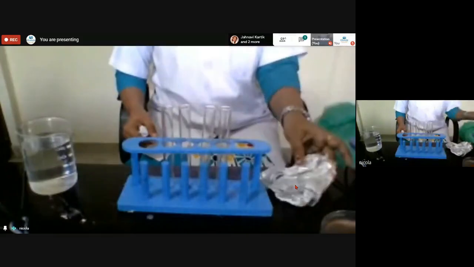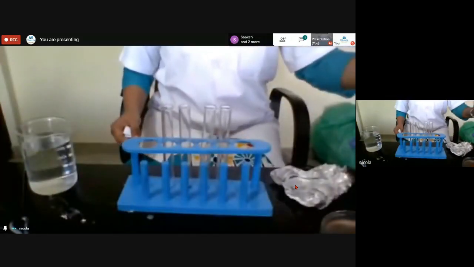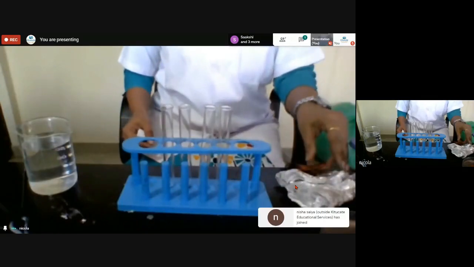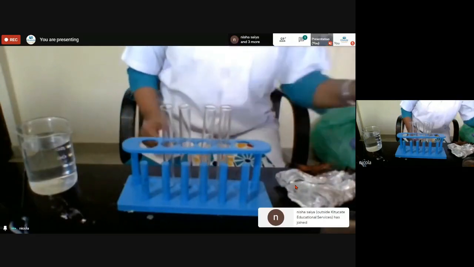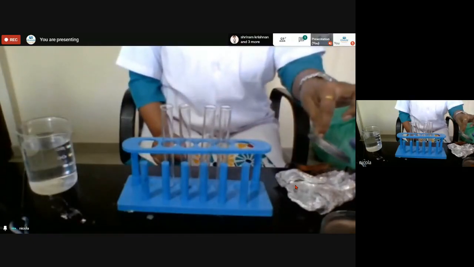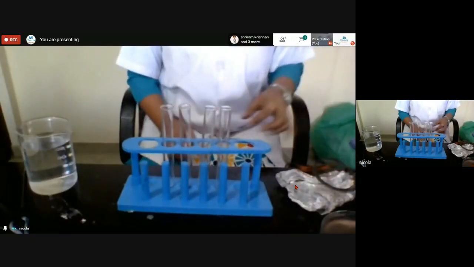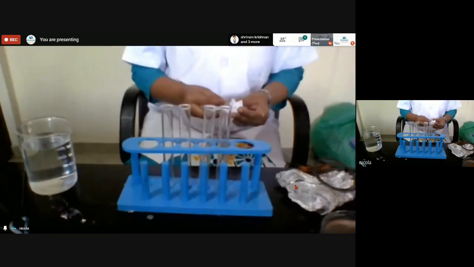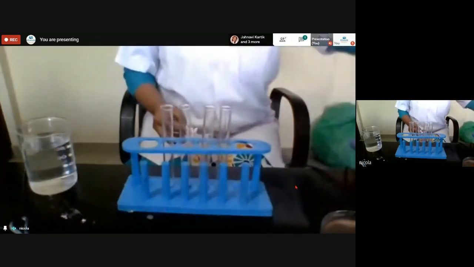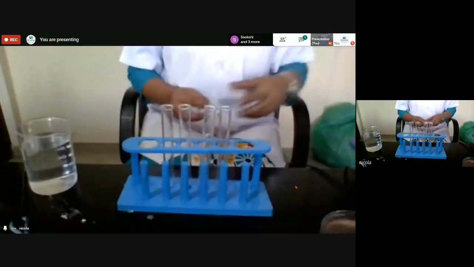Yeah, we can test it. Copper wire, magnesium ribbon, and graphite, which is from the lead of a pencil.